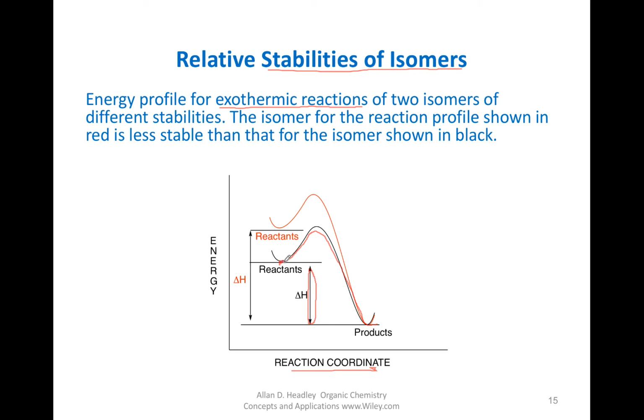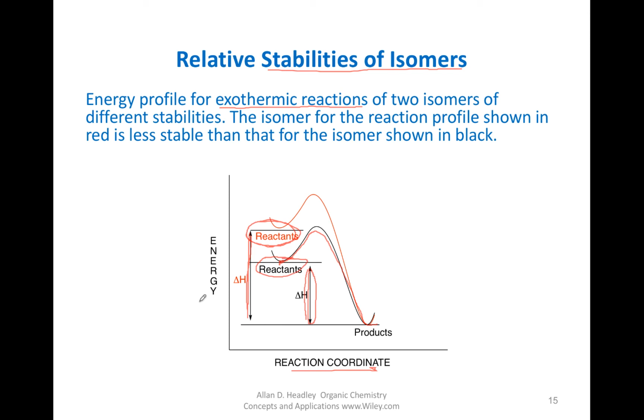Notice that this heat here is greater than this heat that's given off for the one in black. So what we can say is that this reactant, or these reactants here, are less stable than these reactants.